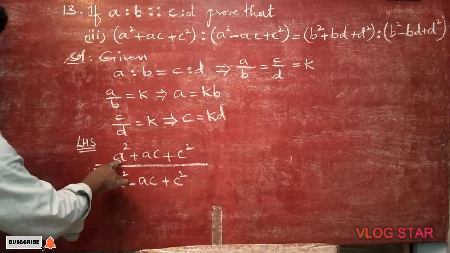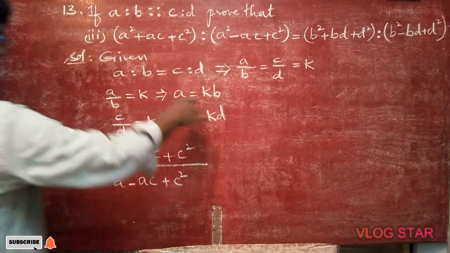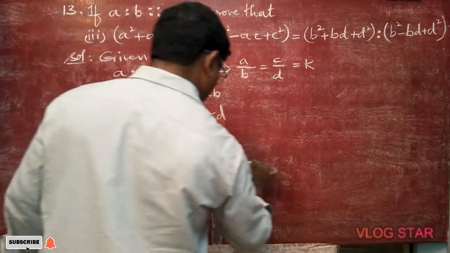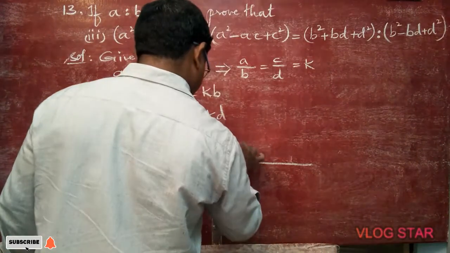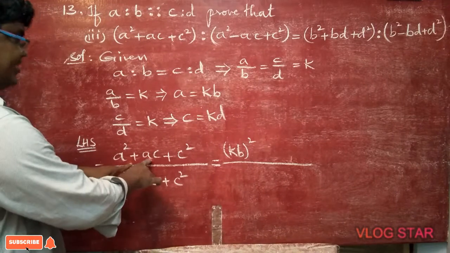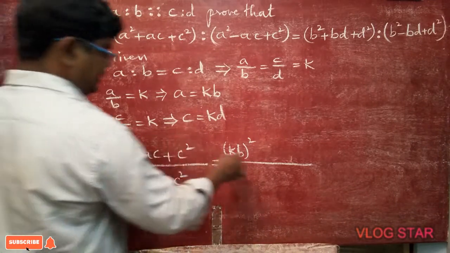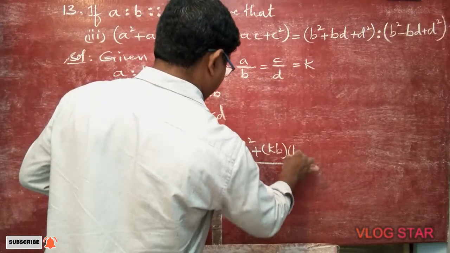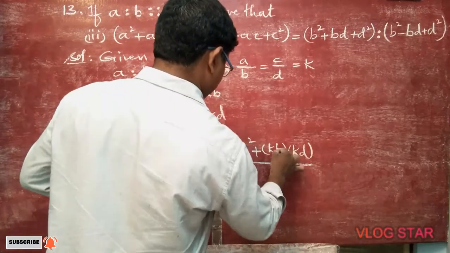Now in the place of A square I am writing KB whole square. Why? Replacing. So replace that one. KB whole square plus A into C, that is KB into KD, plus C square, that is KD whole square. Able to follow?